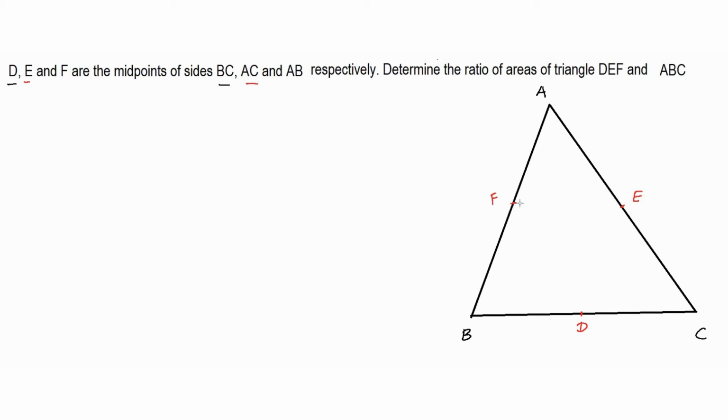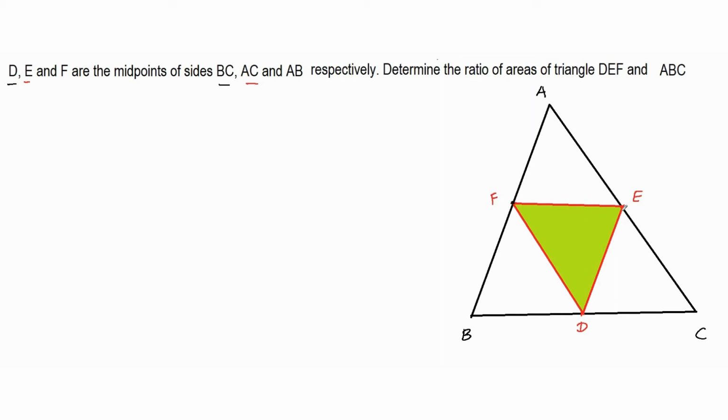Now if you join these 3 points, we now have to find the ratio of area of triangle DEF and triangle ABC. So we have to find the ratio of area of triangle DEF to the complete area of triangle ABC. So if you think about it, over here I can apply the midpoint theorem, correct?